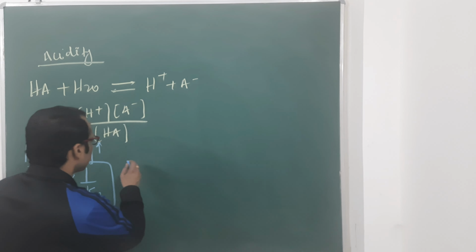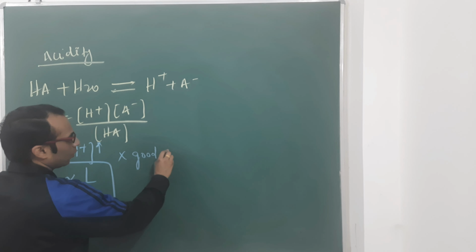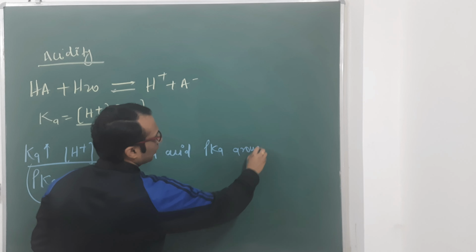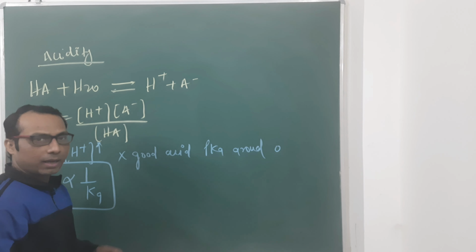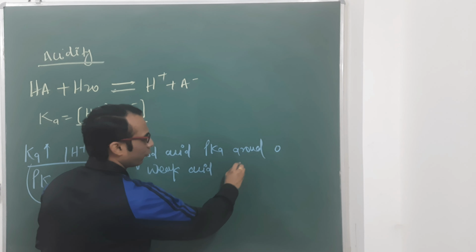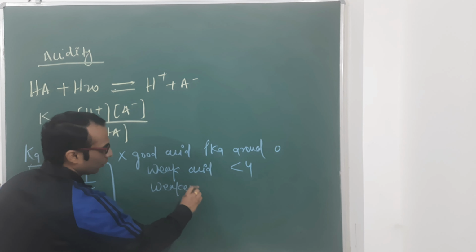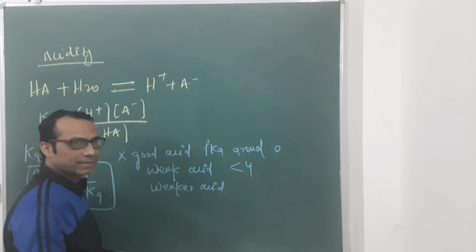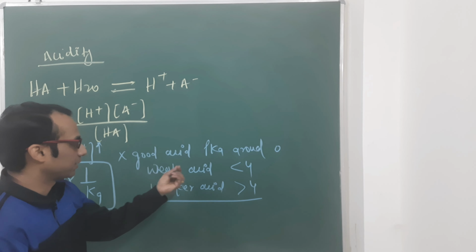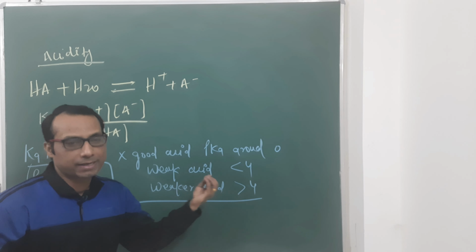So a good acid has a pKa around 0, right? A weak acid is less than 4, correct now? And a weaker acid is greater than 4. So we have done that a good acid has pKa around 0, a weak acid less than 4, and a weaker acid greater than 4.